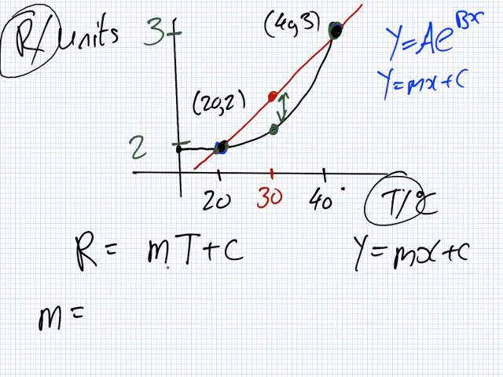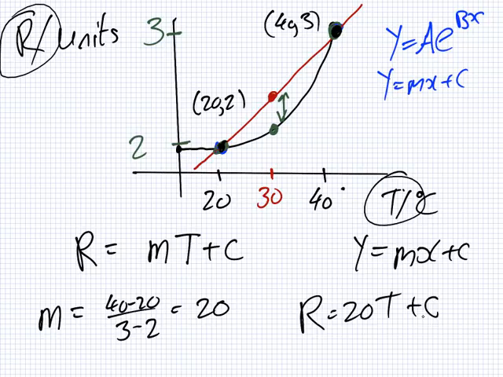So the m will be 40 minus 20 over 3 minus 2, which is 20. So you have R equals 20t plus c. And again, to find the c, use a point.